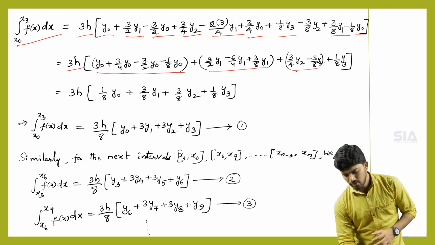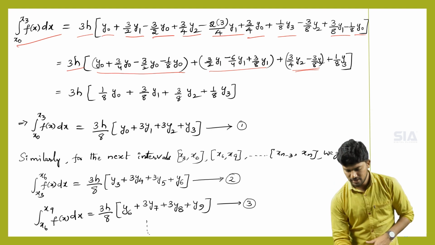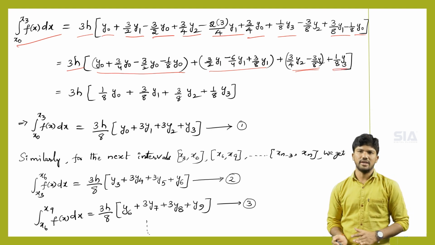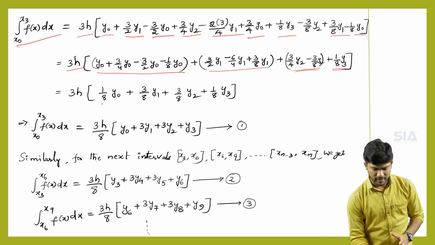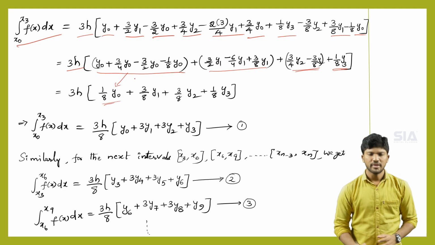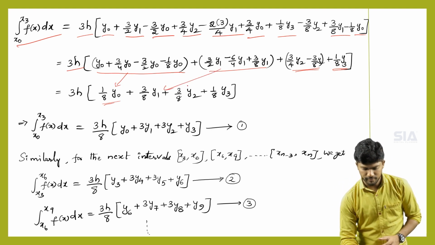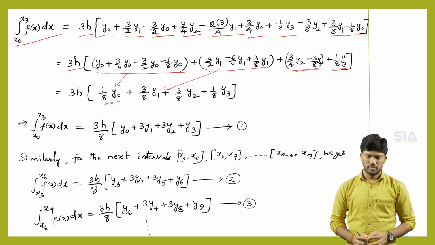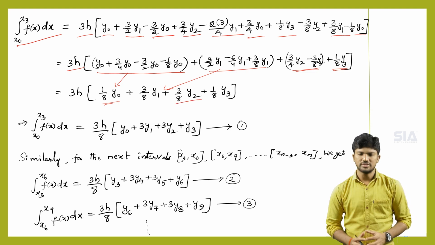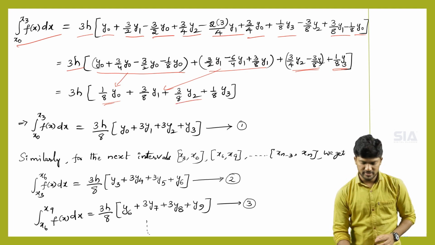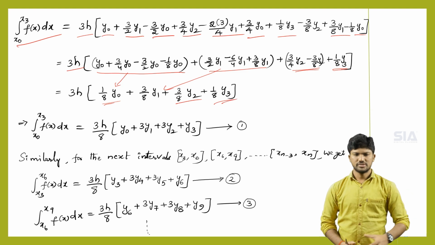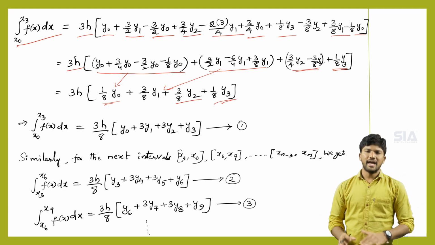Next the y2 values, and the remaining last value is the y3 value. Now you can simplify them. You will get the total as 1 by 8 y0, this value will become 3 by 8 y1, and the next values 3 by 8 y2 plus 1 by 8 y3. Now take LCM as 8.